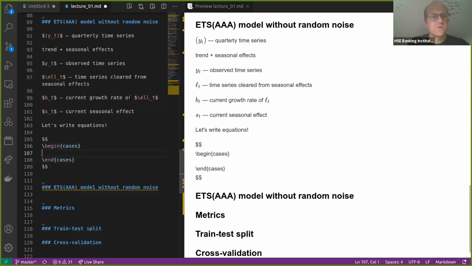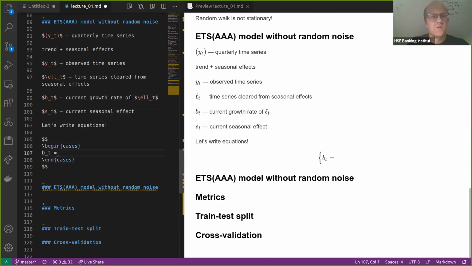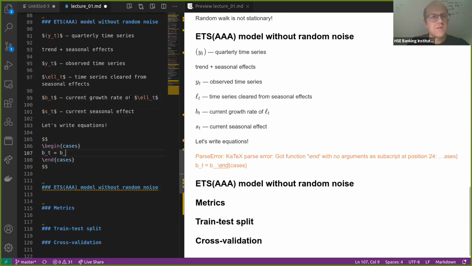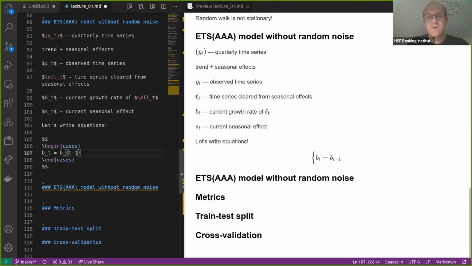And the first equation is very simple because we have no noise. The growth rate is constant. Yeah, we have no randomness in our deterministic world, so growth rate is always 2 or 5.